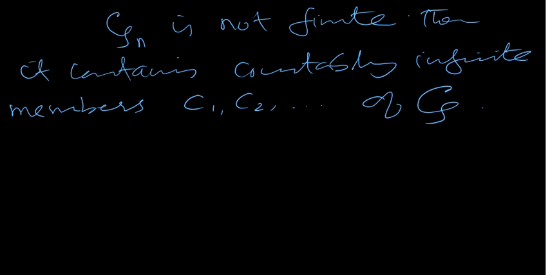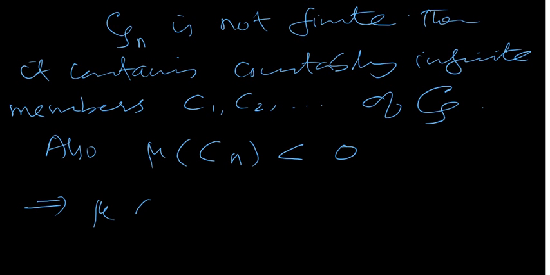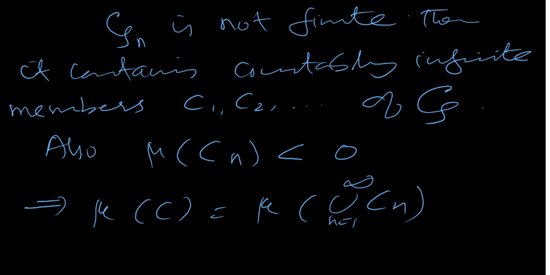Now they are actually members of C. Also, mu of Cn, whichever Cn you take, is negative. It's less than 0. It's a fixed negative number. So this implies that mu of C, let's denote C as the union of Cn, n running from 1 to infinity. They are also disjoint because they are members of C, so we can apply the sigma additive property here.